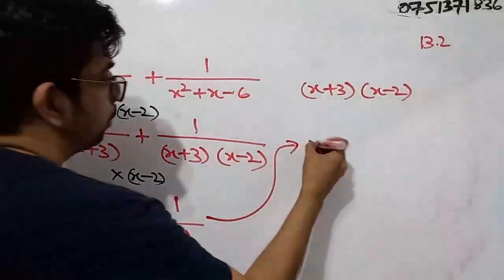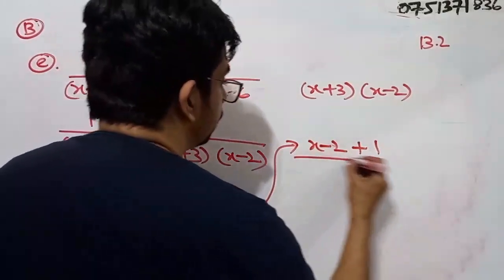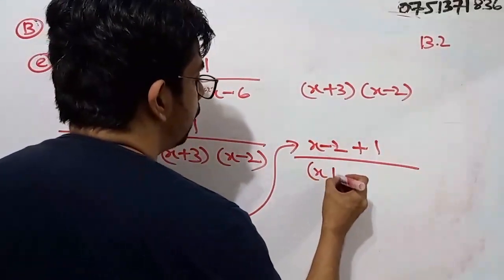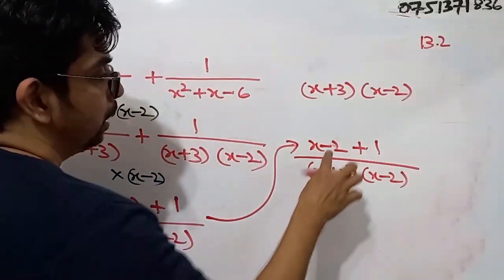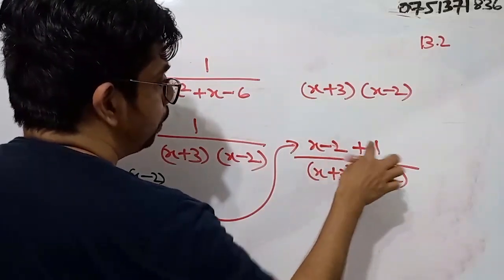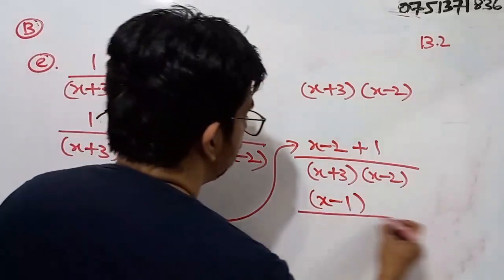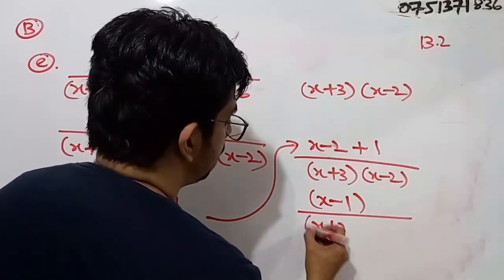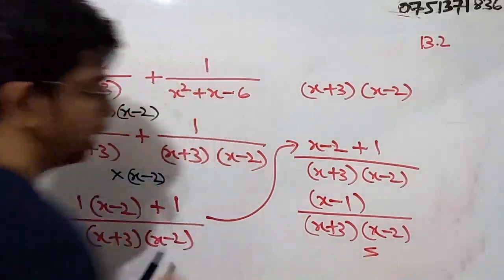So we are getting x minus 2 plus 1 entire expression divided by x plus 3 and x minus 2. Okay, so we can simplify a bit more, right? So here we have a minus 2 and a plus 1, so the outcome is what? X minus 1. Divide by x plus 3 and x minus 2. So this should be the answer.